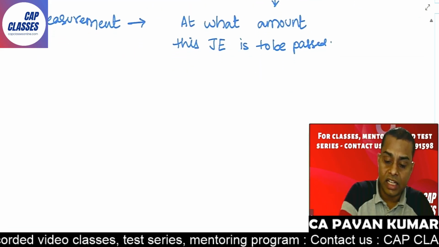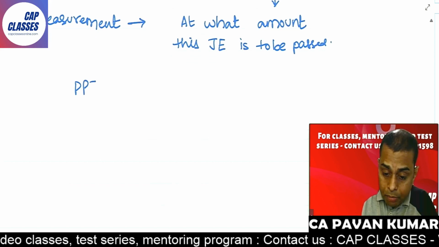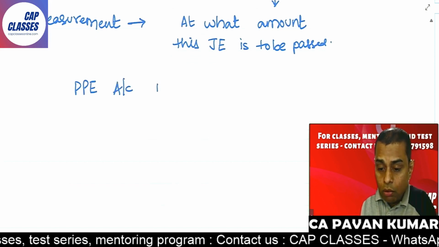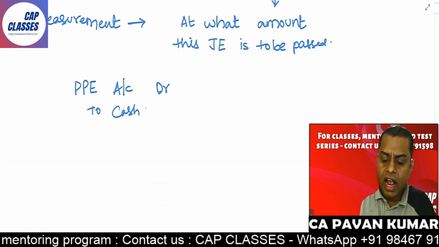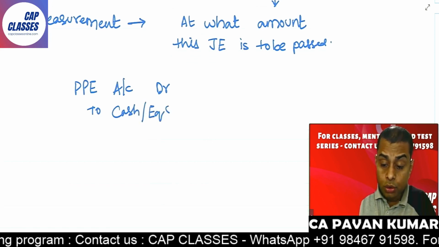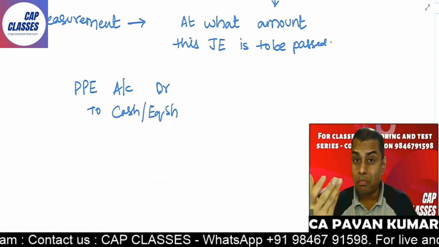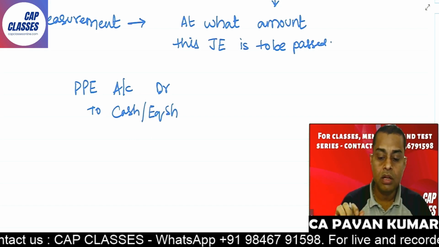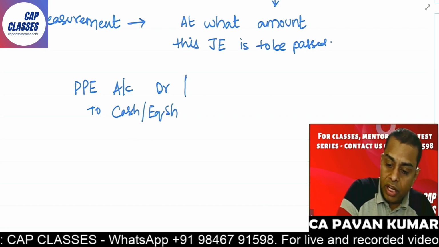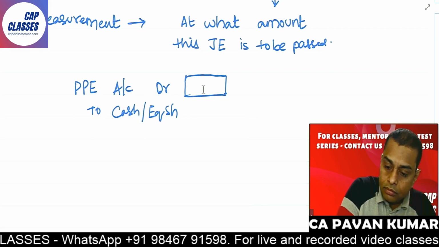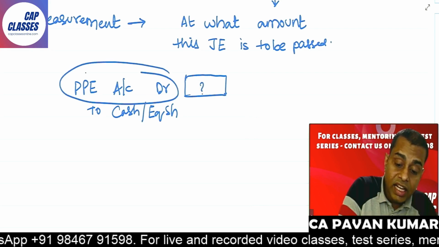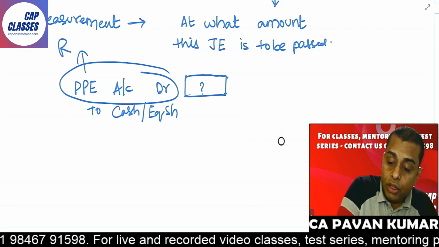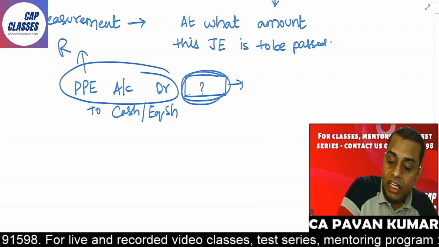Okay, recognize asset means property, plant and equipment account debit to consideration. Consideration can be cash, or consideration can be you are issuing equity shares, or consideration can be bank, etc. Now the question is, what is the amount here? So when can I pass this is recognition? With what amount I should pass this is measurement.